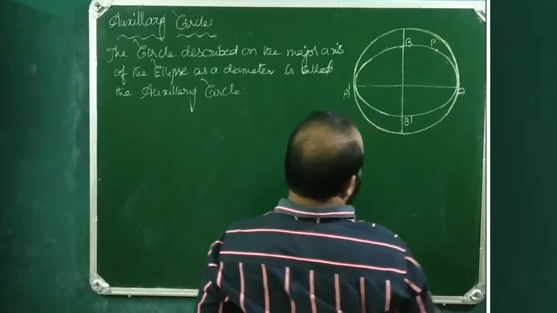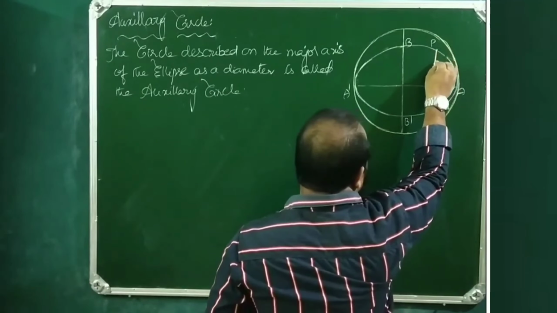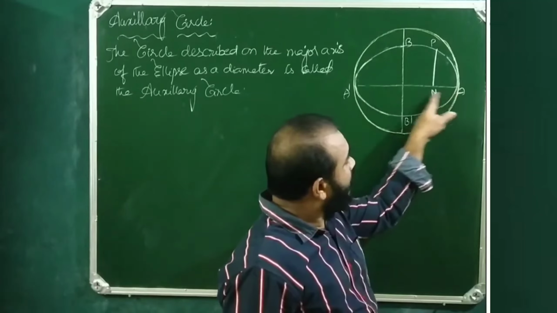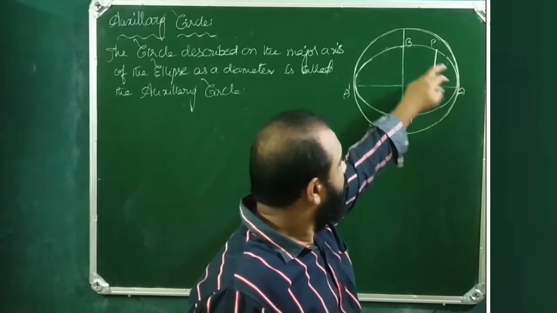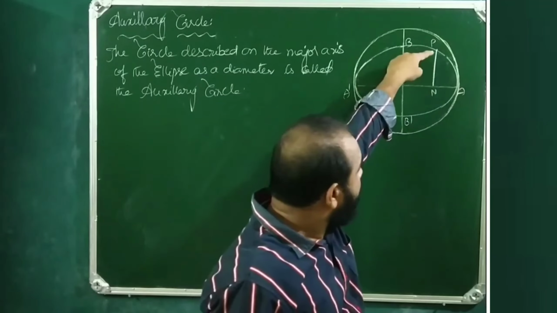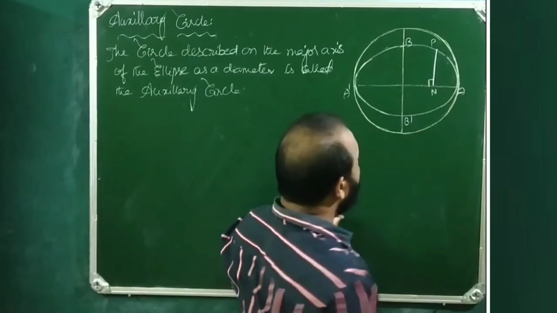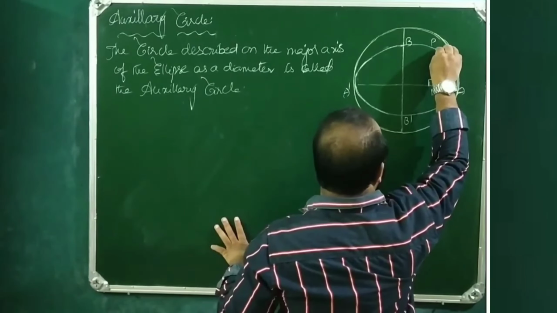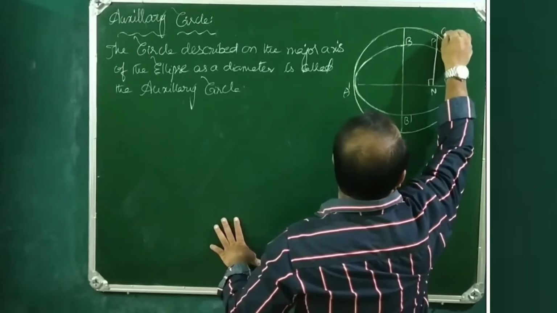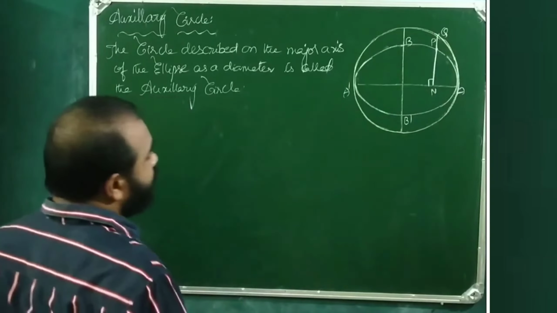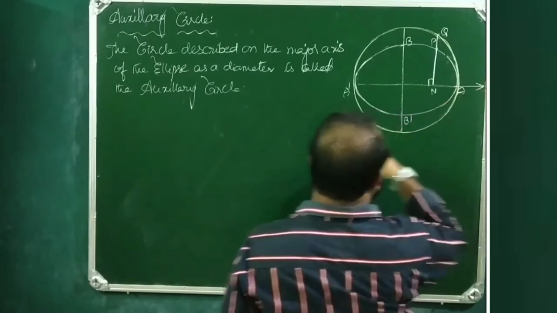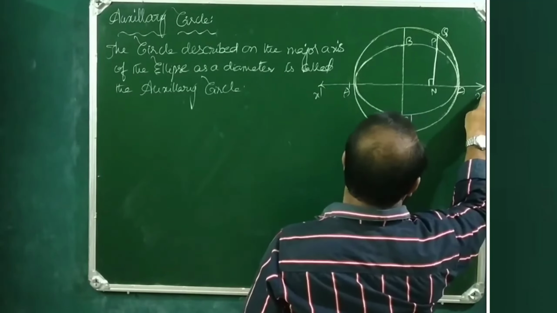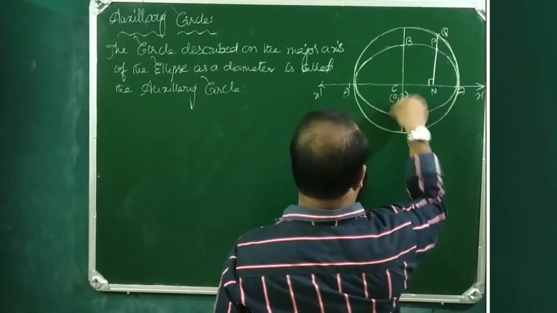So draw a perpendicular PN on the major axis of the ellipse, and produce PN to meet the auxiliary circle at Q. So this is our x-axis, x dash x. Here C is the center of the ellipse, which is 0, 0, the origin.